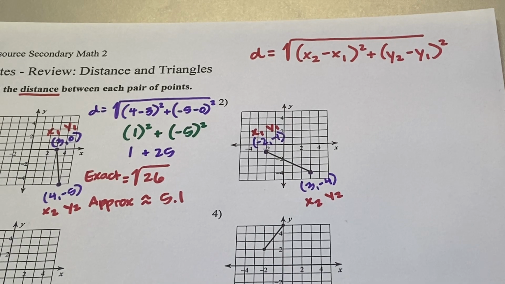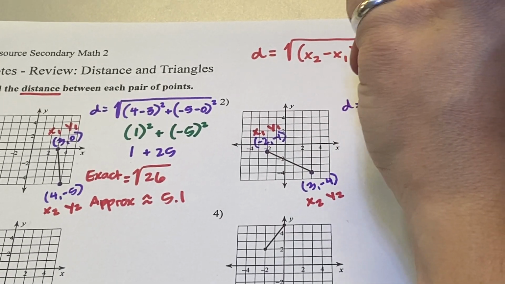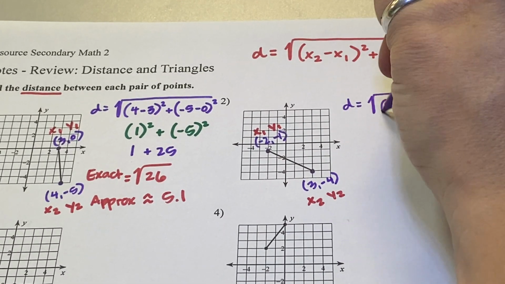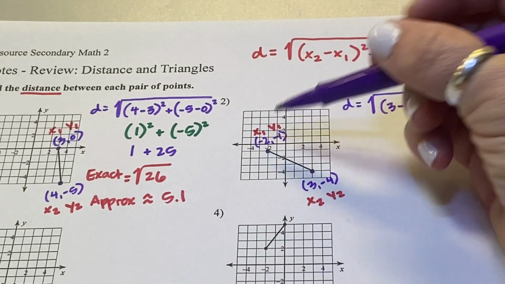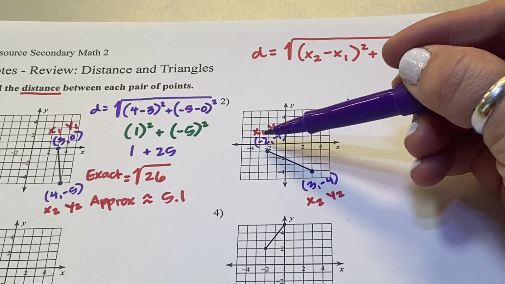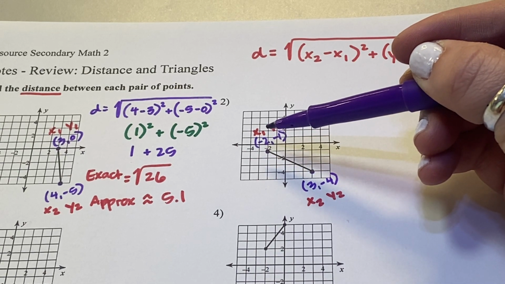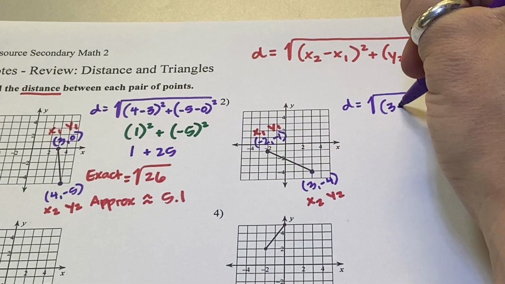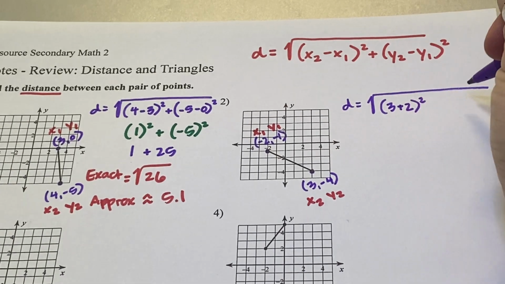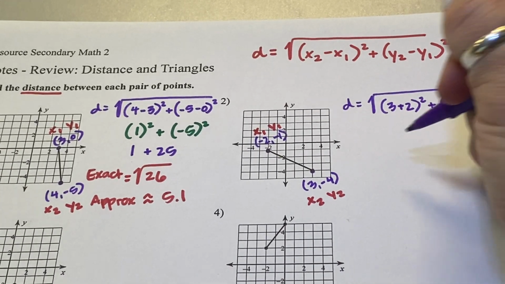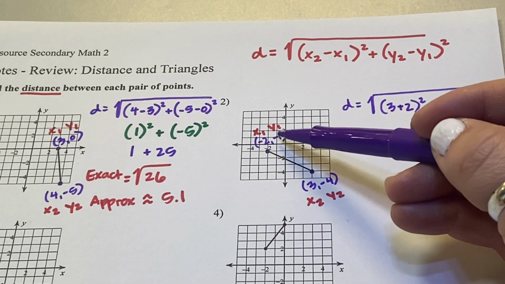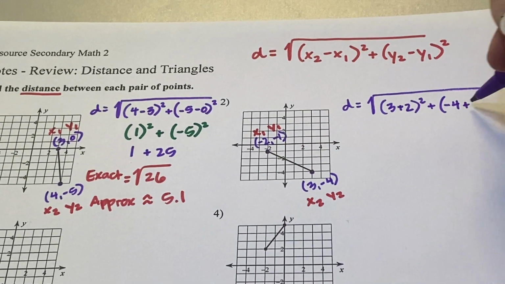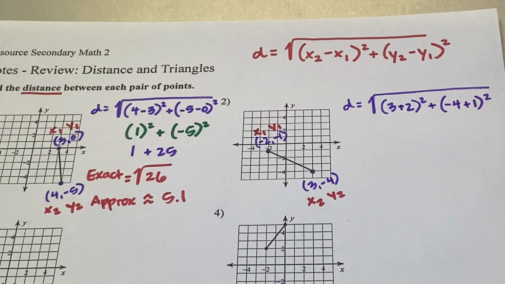Plug it in. Distance equals the square root of x2, positive 3, minus x1. What happens when I subtract a negative, though? It turns into a positive. So 3 plus 2 squared, plus y2, negative 4, again subtracting a negative, which means we are adding, plus 1 squared.